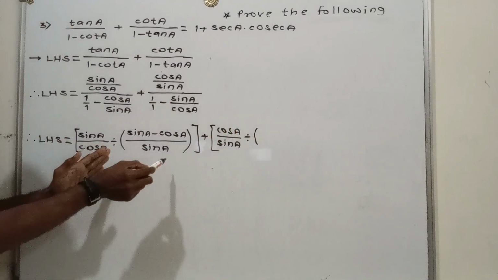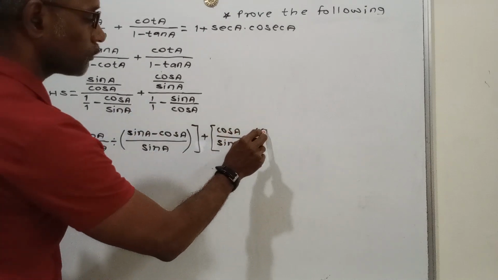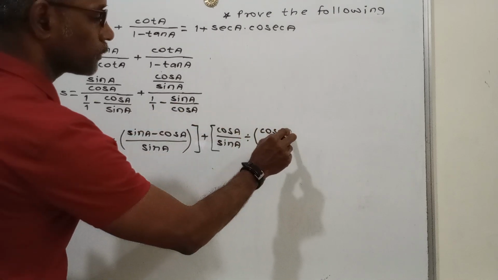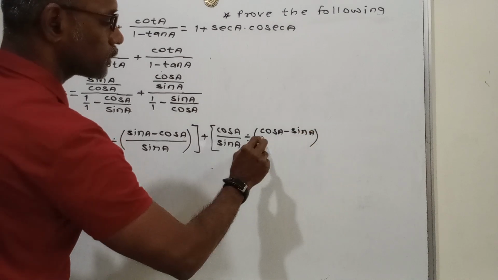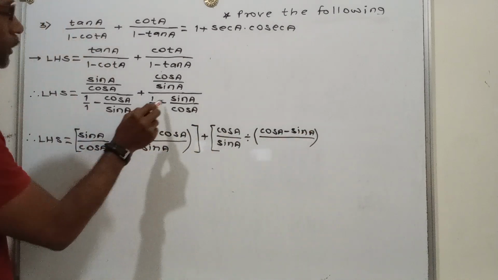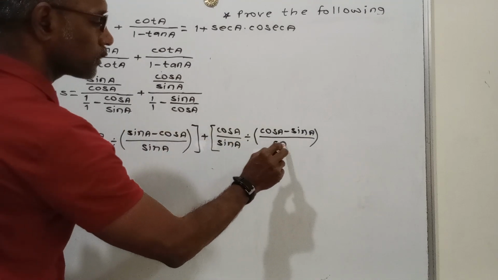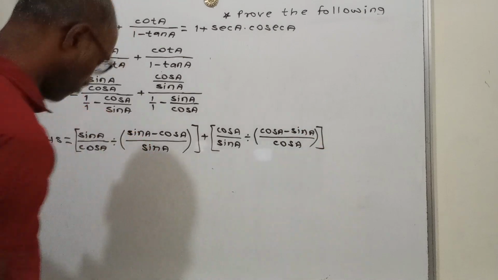we write this way, then it becomes very easy. Cos A into 1 means cos A minus 1 into sin A means sin A upon 1 into cos A means cos A. Square bracket complete.